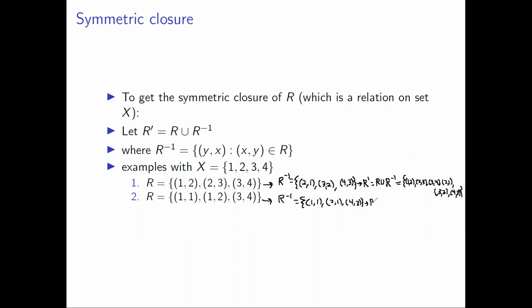So in this case, when we find the symmetric closure, we get R union R inverse. And this gives us 1, 1, 1, 2, 3, 4.